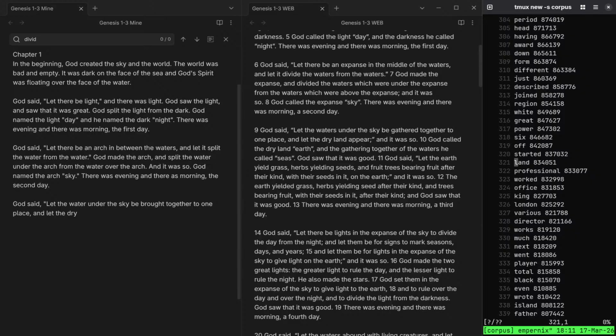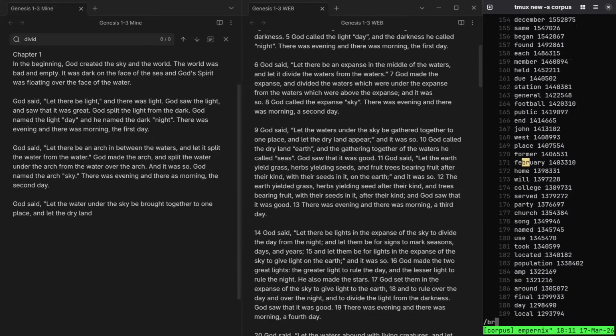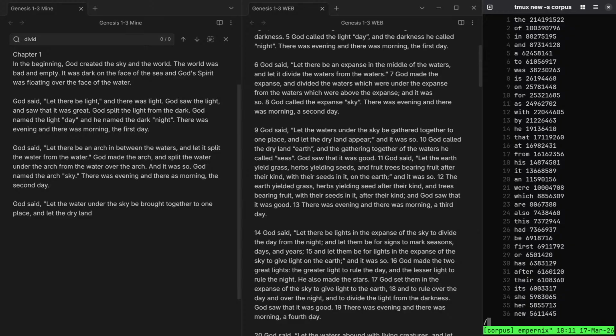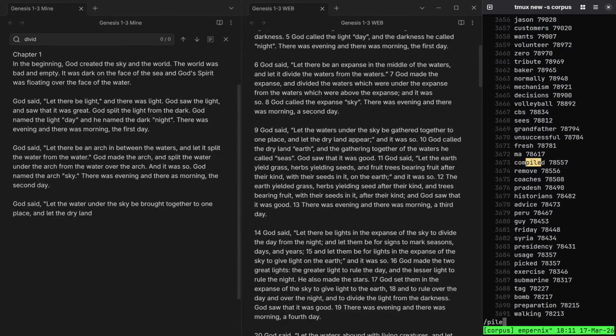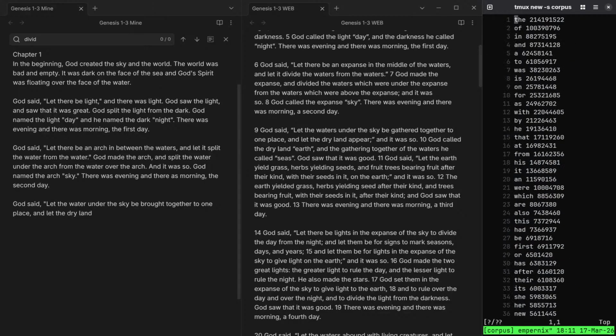No. Land is better. I feel like there's gotta be a more common word, though. Oh, I want to look up for gather. Let's look up brought. And then what about piled? Compiled? That's not that common. Okay. I love how piled and compiled basically mean the same thing. More or less. If you squint.